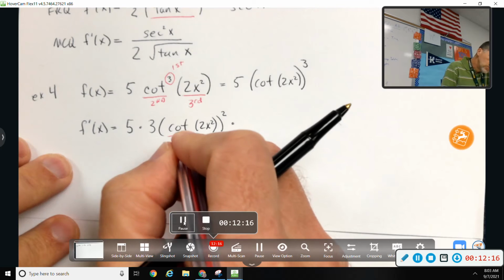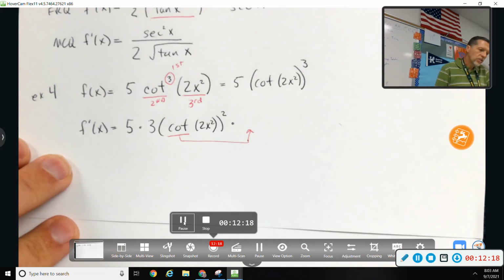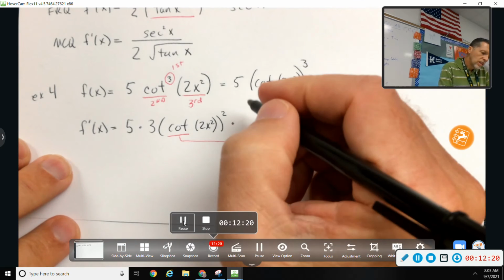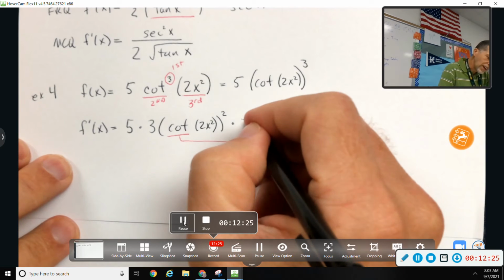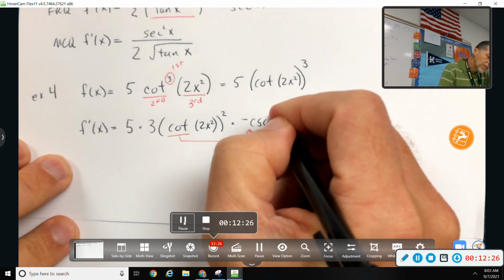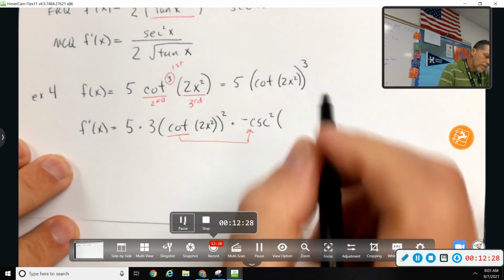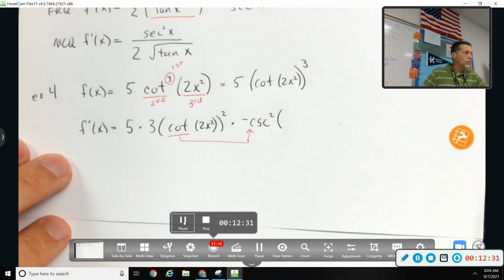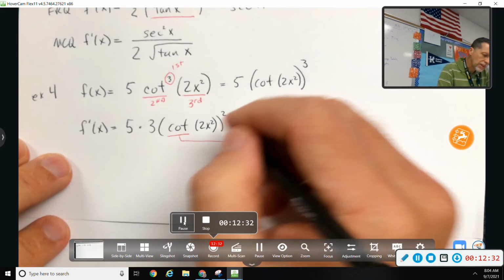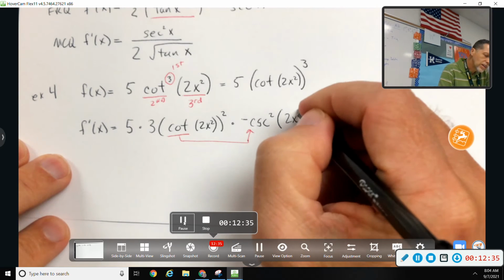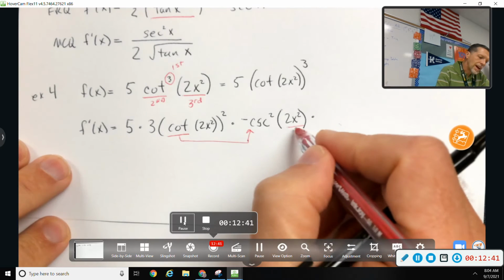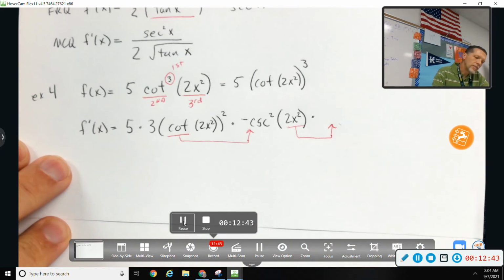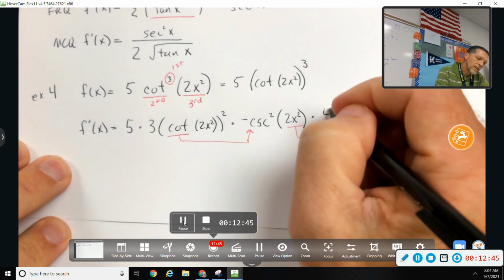Link 2 will be the derivative of cotangent. Let's see, tangent goes to secant squared, so cotangent goes to negative cosecant squared. That's the derivative, so don't do more than one derivative at a time. Leave the 2x squared alone. And then lastly, we'll chain on the derivative of 2x squared, which would be 4x.